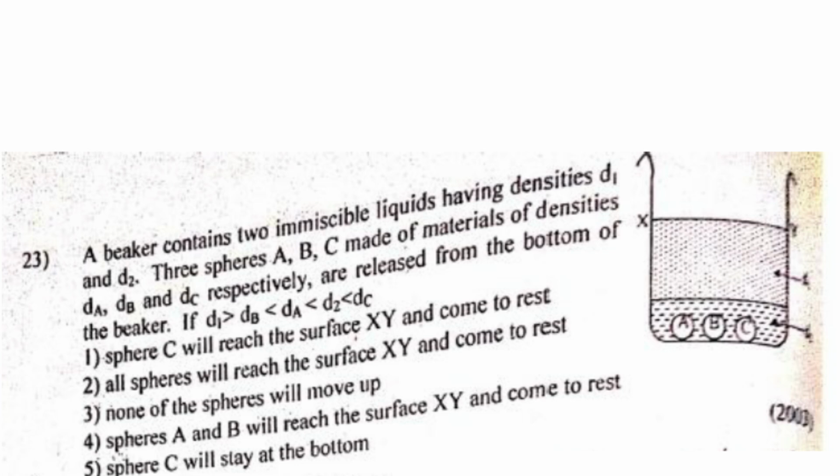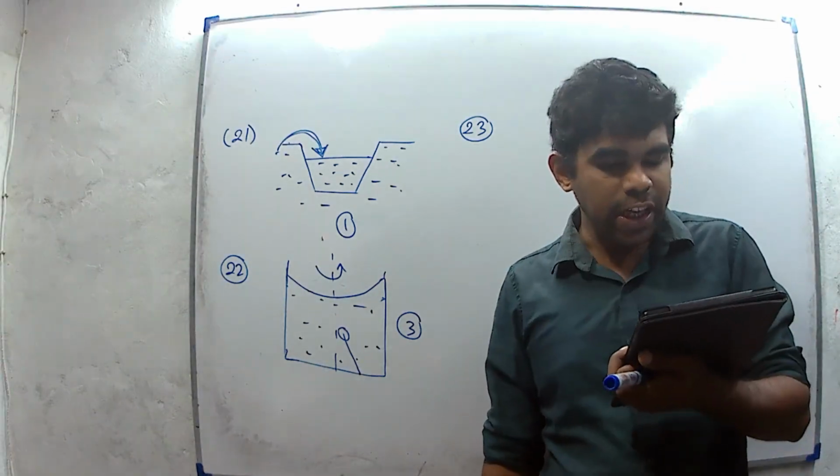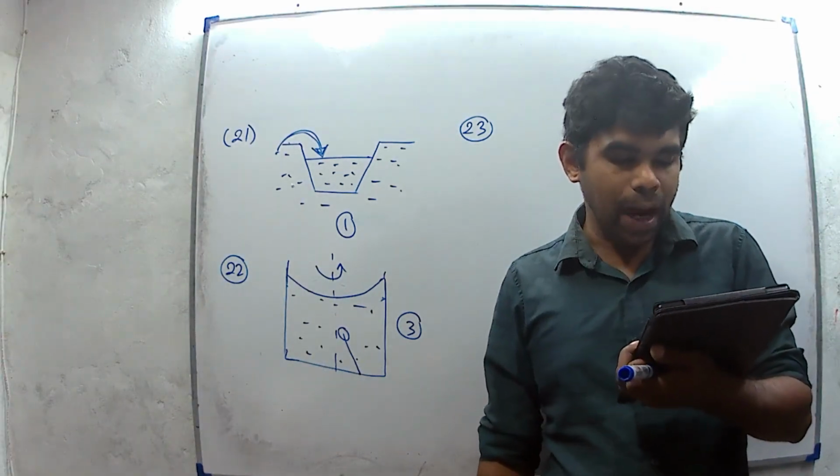If d1 is greater than dB, less than dA, less than d2, less than dC, we have to find the correct statement. Sphere C will reach the surface xy and come to rest.